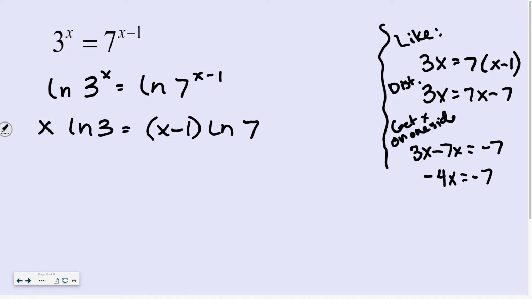So keep solving. Let's do the same things we would do, but with natural log 7 and natural log 3. So the first thing you would have done was distribute. Okay, I'm going to distribute the natural log of 7 times x, and the natural log of 7 times negative 1.